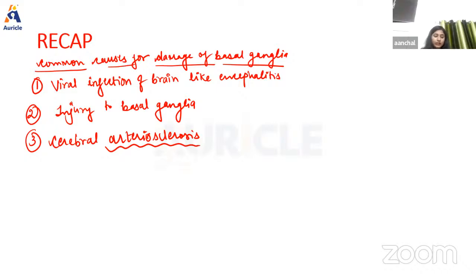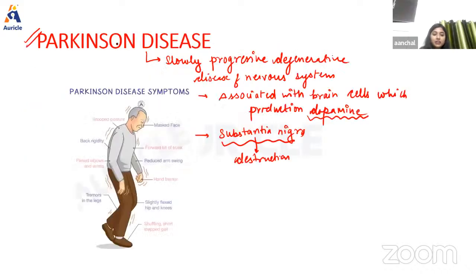Okay. Now, the signs and symptoms, as we can see in the picture also, are various, like tremors in the legs, shuffling sound, stiff gait, slightly flexed hip and knees, and hand tremors.